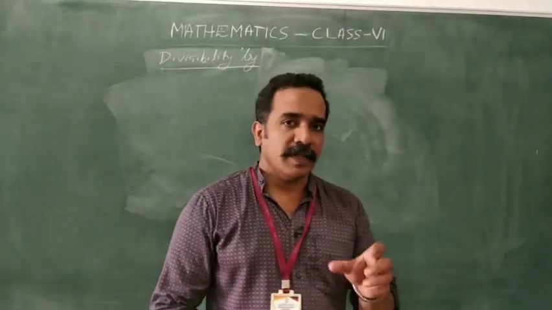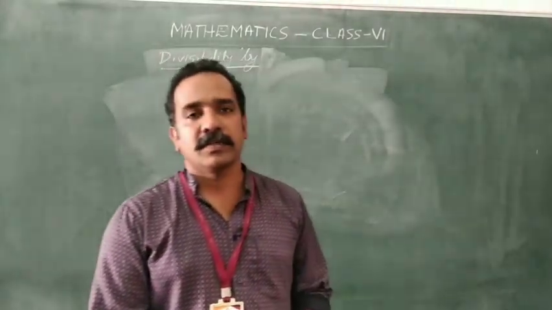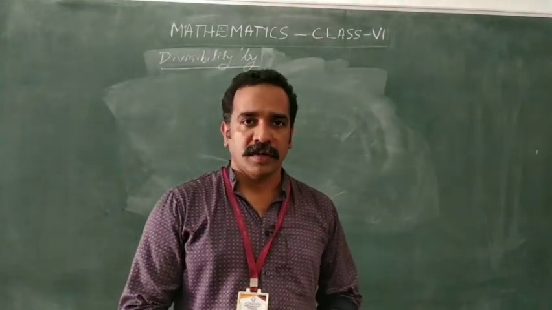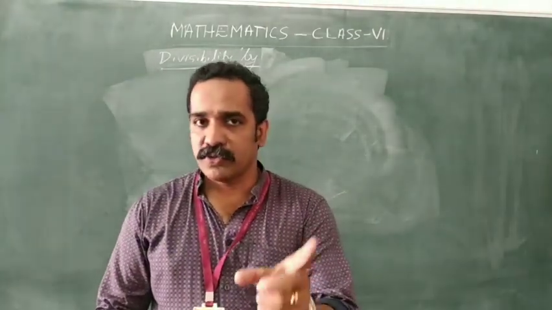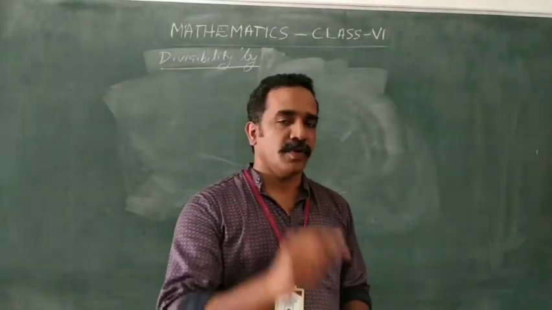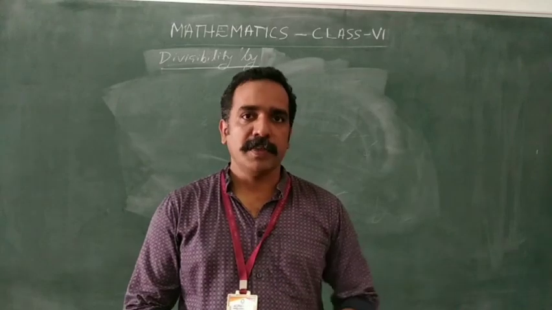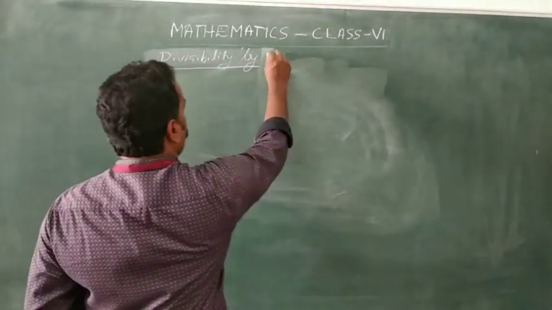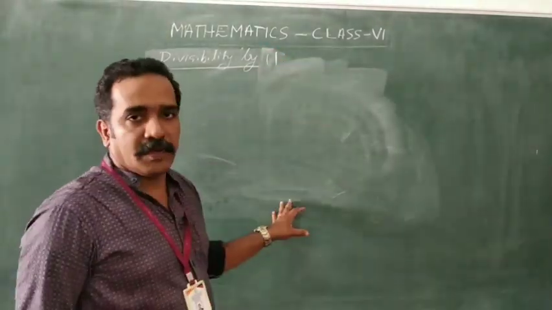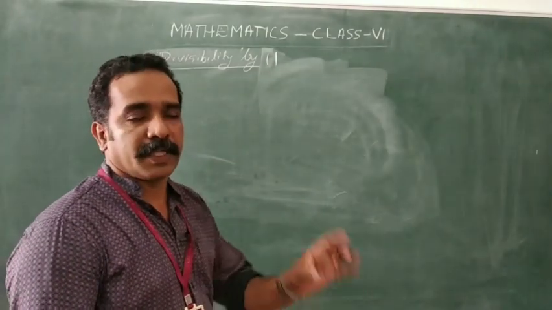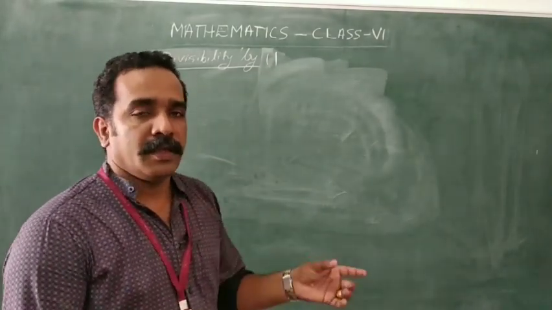Actually, the next divisibility test, what I am going to say, is a very interesting one. You have to listen carefully, otherwise you will not get it. It is very interesting because it is the divisibility test for 11. What is the divisibility test for 11? Whether a number is divisible by 11 or not.